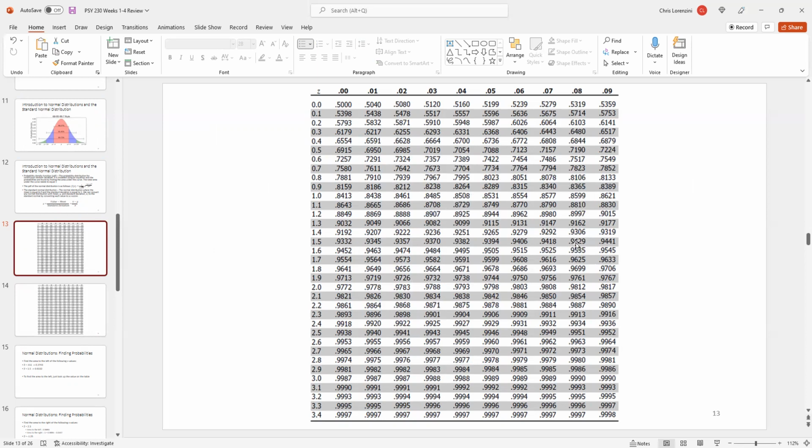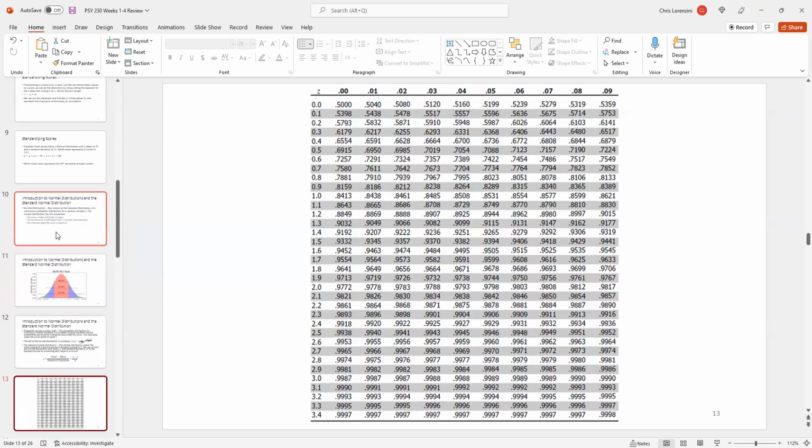I try to find 0.90, and I don't see it exactly, but I do see 0.8997. That's pretty close, right? The next one jumps over a little bit. The value's pretty close to 1.28. So the 90th percentile is approximately a Z-score of 1.28.